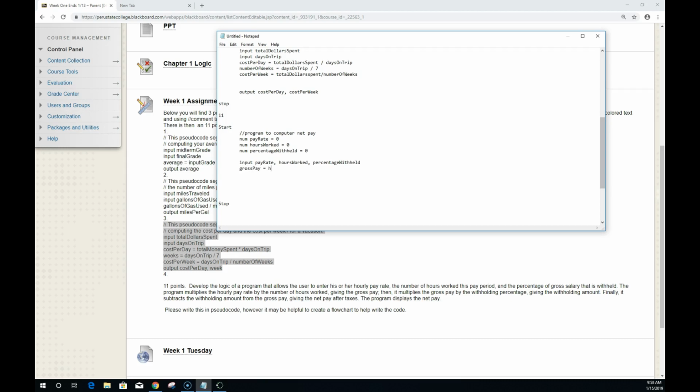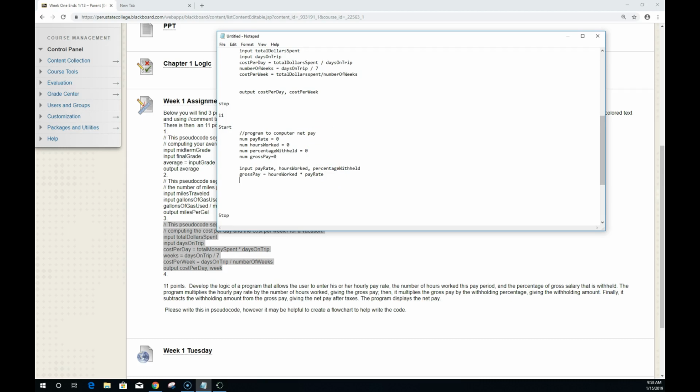And that's equal to hours worked times pay rate. And now before I forget about it, because I know I created another one there, number gross pay equals 0. All right, so now we've computed gross pay.